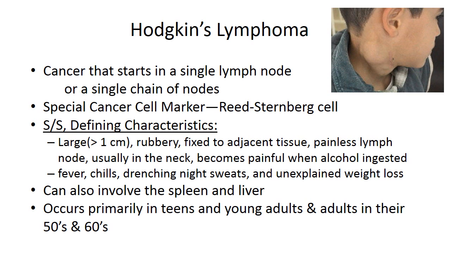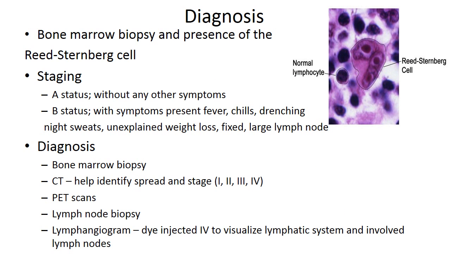And so it's important to remember those defining characteristics and know that if you do see a lymph node that is enlarged, greater than a centimeter, rubbery, fixed to tissue, and usually painless, or painful when alcohol is ingested, it may be Hodgkin's lymphoma, and some tests should be drawn and a physician should be seen.